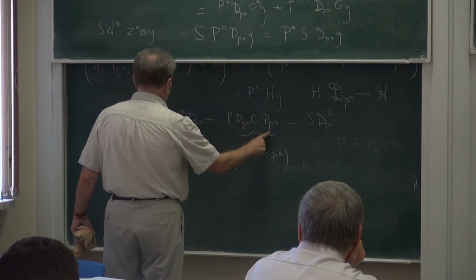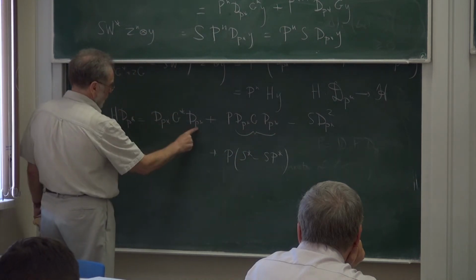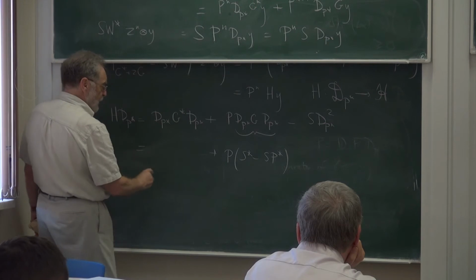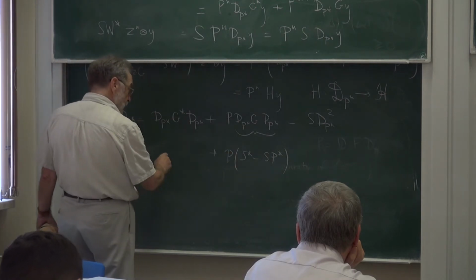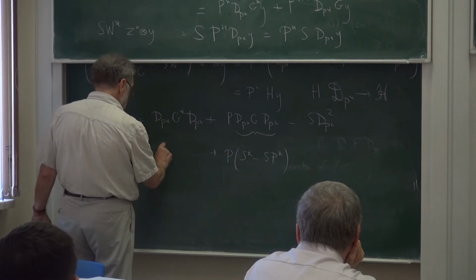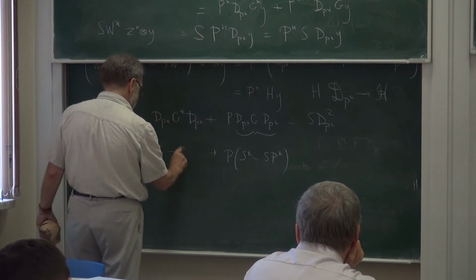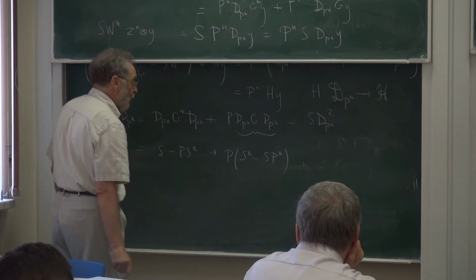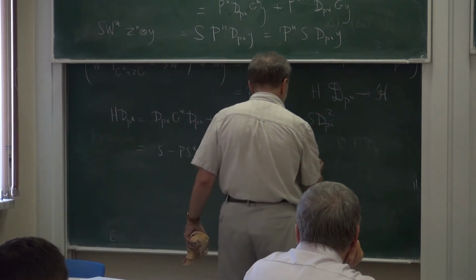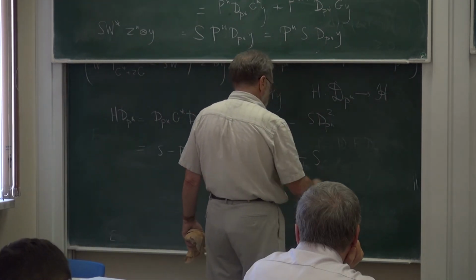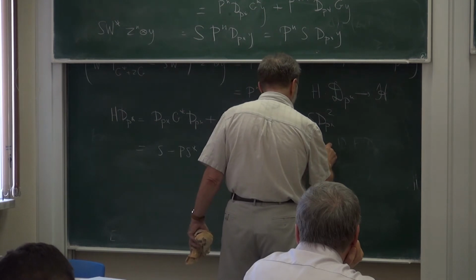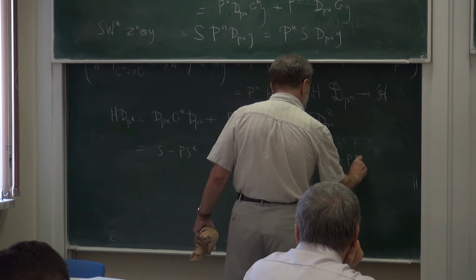Now the adjoint of this is this term here. So this is the adjoint of S star minus SP star, so it's S minus P S star. And the third term is S dP star squared, which is 1 minus PP star.